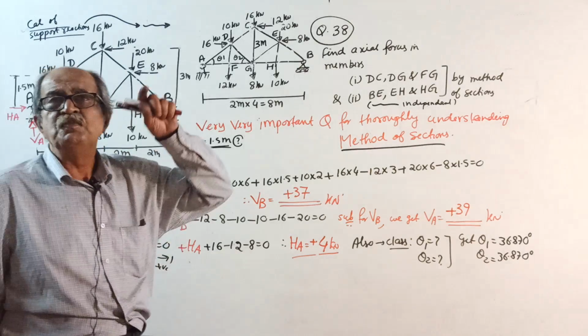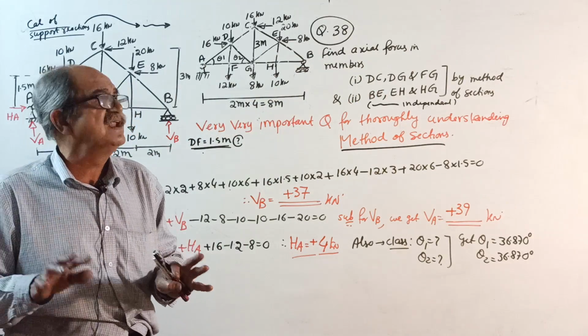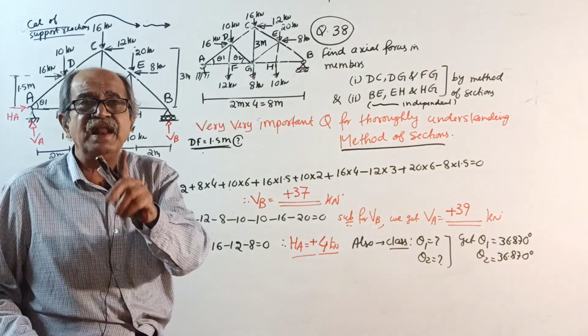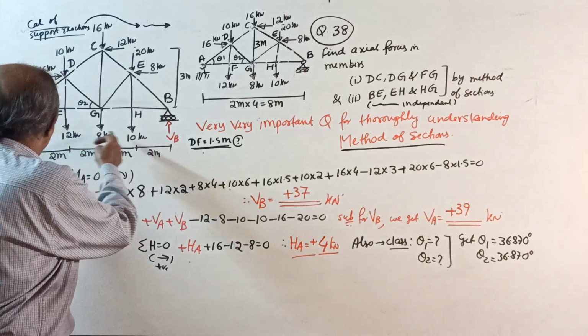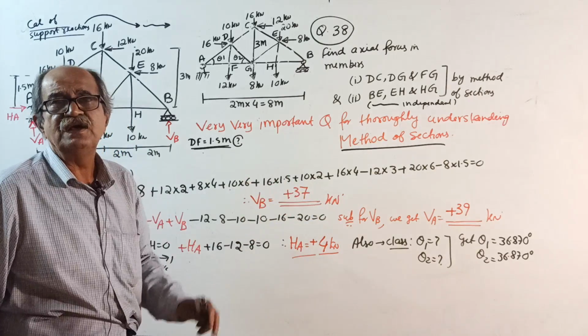So when you go to method of sections, if at all we are considering any reaction, you consider that reaction in the same direction as considered here, without sign, value whatever you got.